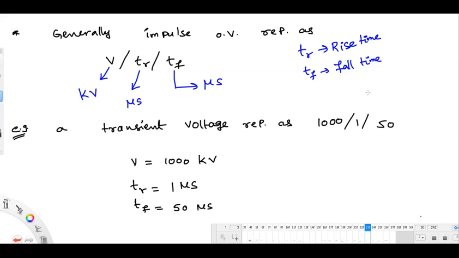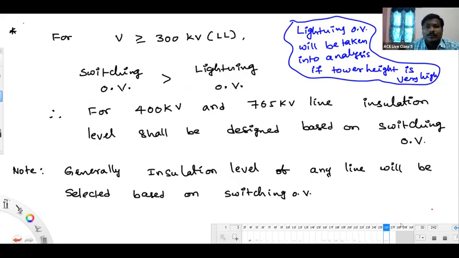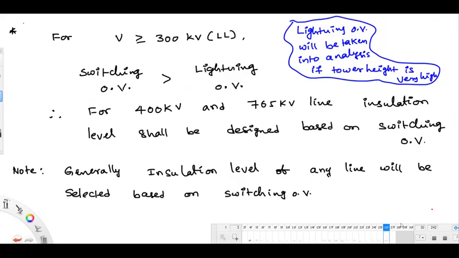Bhavani. Sir, as you said, for less than 300 volt transmission lines, the height is there, and lightning won't occur, you said, sir. No, lightning possibility is very less, I am saying. Sir, if we design insulators based on switching and lightning occurs once, will it damage?